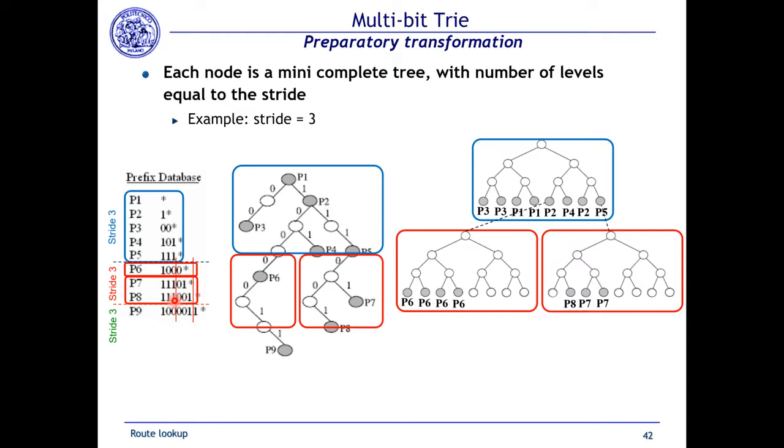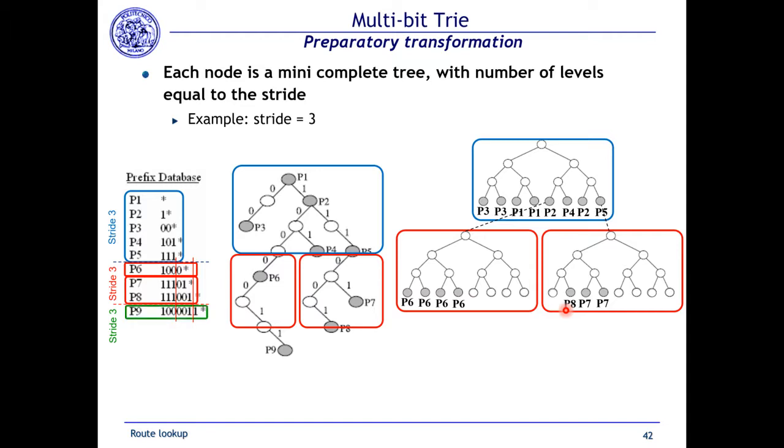We create the tree again and repeat the procedure. In this case, P8 is already in the correct position, and P7, which is here, must be pushed down, so you have this entry.